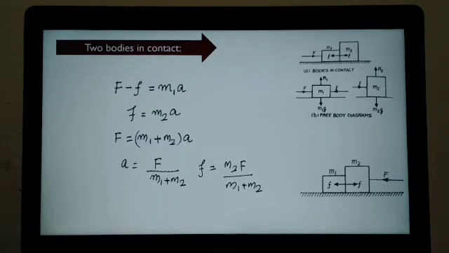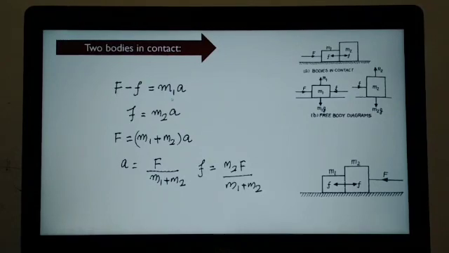Then what is the net force acting on m1 now? F minus small f, which is equal to m1a. Why is it equal to m1a? Because it is moving towards the right with acceleration a and its mass is m1. So m1a is the net force acting in the direction of applied force, but small f is acting in the opposite direction.